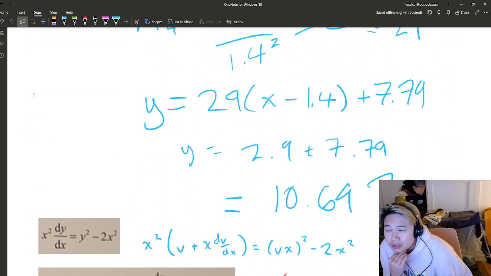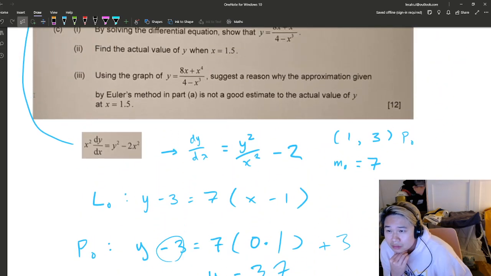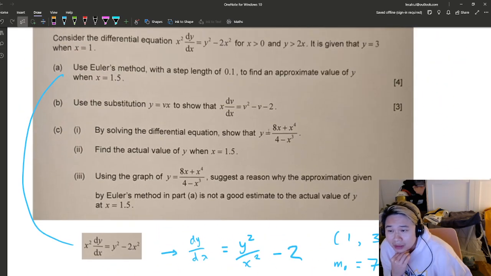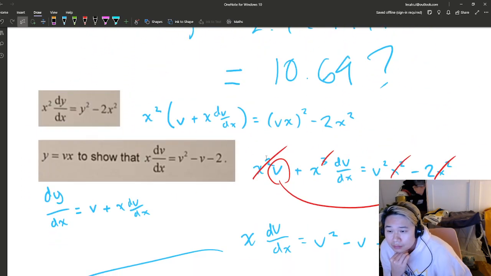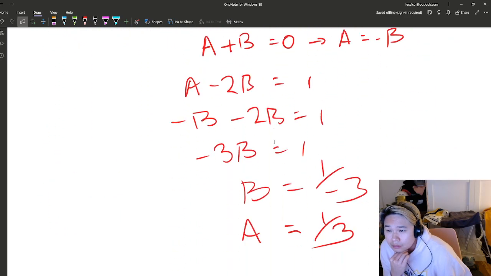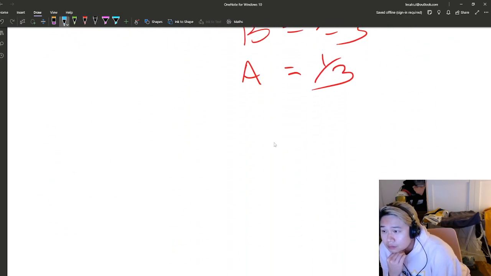And then I'm supposed to show y, right? Man, this Euler method killed me. I'm so tired now. Okay. So V was xy, right?